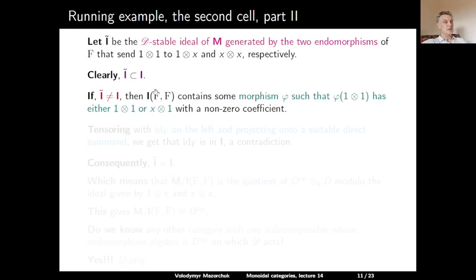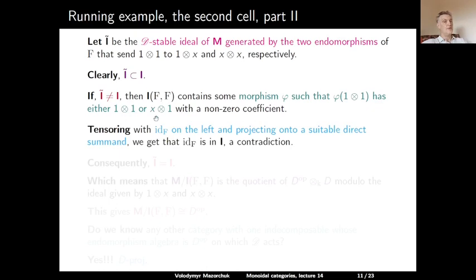By definition, I tilde consists of all endomorphisms where the right part of the image of 1 tensor 1 is X. This means that I should contain more, so I should contain some morphism phi, such that the image of 1 tensor 1 after phi has either 1 tensor 1 or X tensor 1 with a non-zero coefficient. And now if we tensor this with something on the left, we can have this 1 on the right, and we can tensor with something which has 1 on the left.